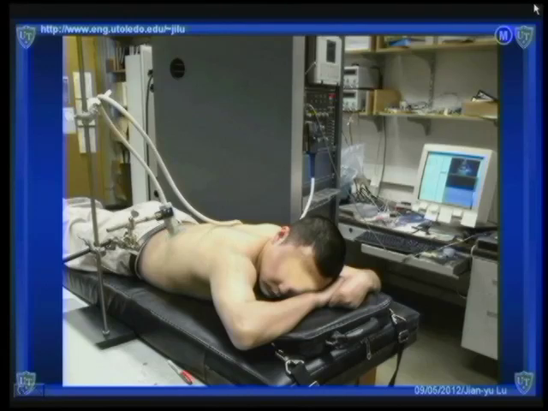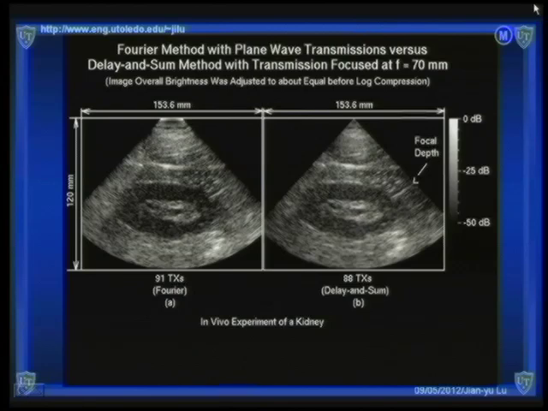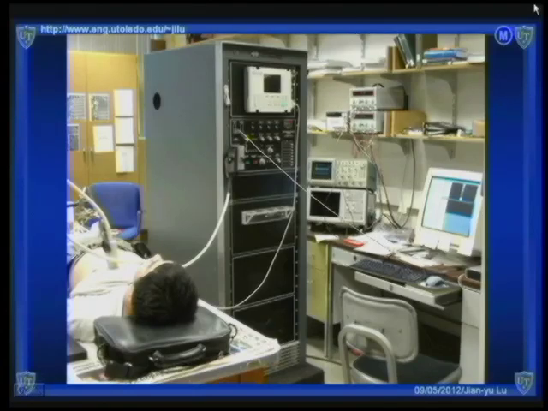These are the images we made of the kidney of people. This one uses 91 transmissions, and this one uses 88 transmissions with the delay-and-sum image. So this is just some of the in vivo results, as well as using this imaging system for the heart.